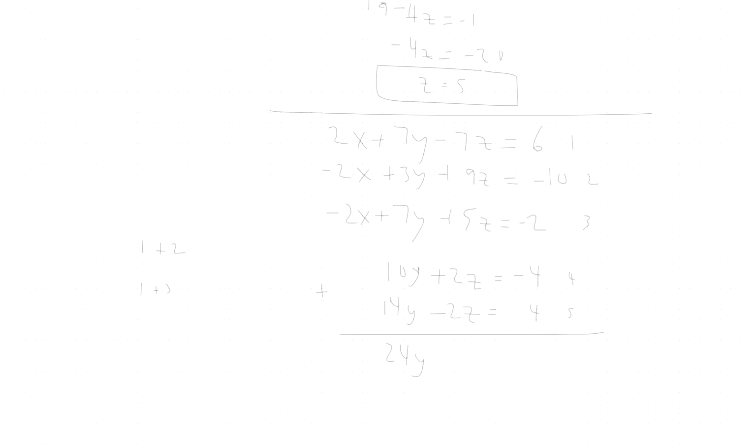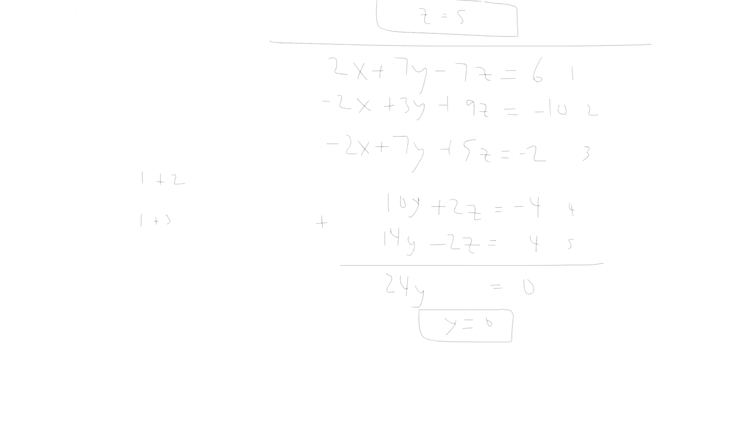There's our first variable, y equals 0. Okay, now we're going to sub that into 4. So 10 times 0 is 0, so 2z equals negative 4, so z equals negative 2.